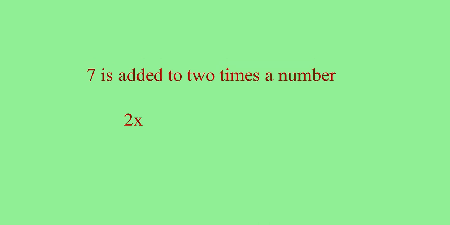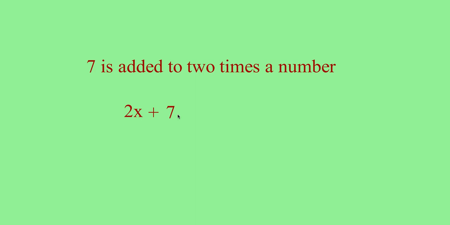Here you don't know what the number is, so we can take the number as x. Then what is 2 times a number? Yes, it is 2x. Now 7 is added to this number. How will you write it? Yes, you can write 2x plus 7. 2x plus 7 is 7 added to 2 times a number.